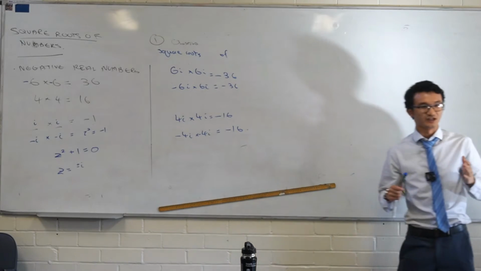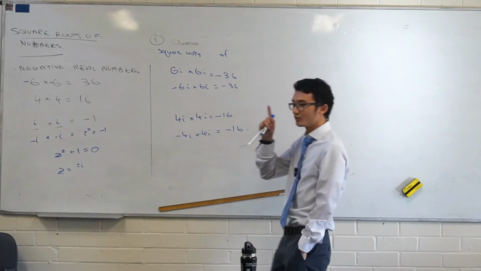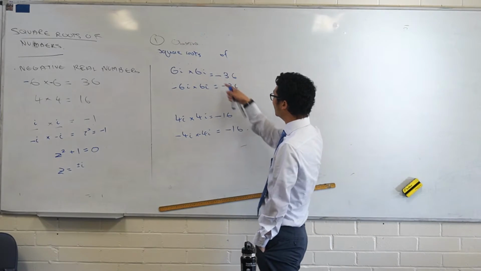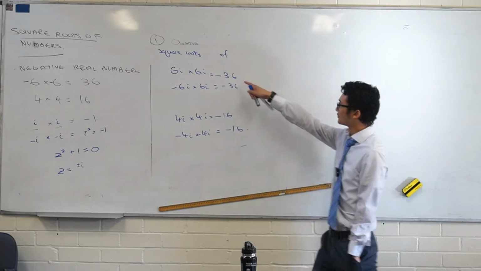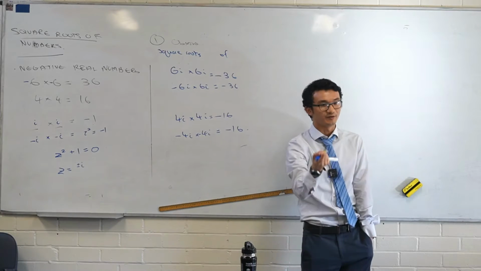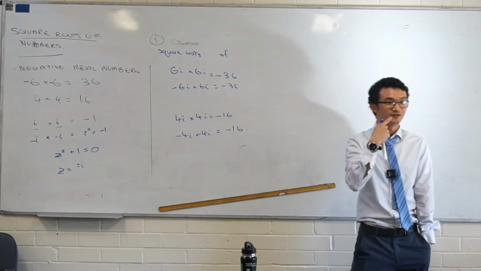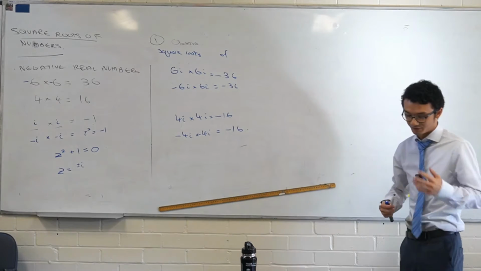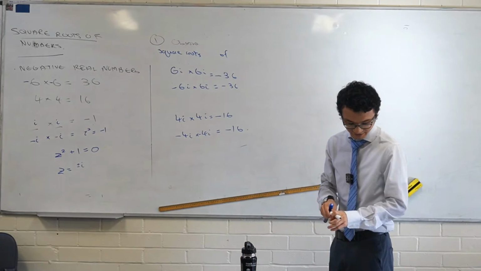But can we generalize this? Yes, we can. The square root of any negative real number in this situation is just the square root of the value multiplied by i. Obviously we have the positive and negative cases of that. So that's our first observation: the square roots of any negative real number.